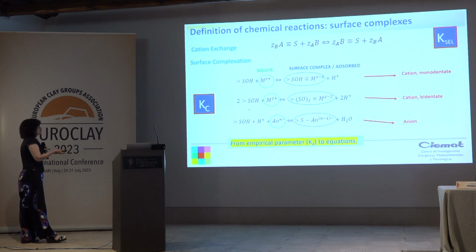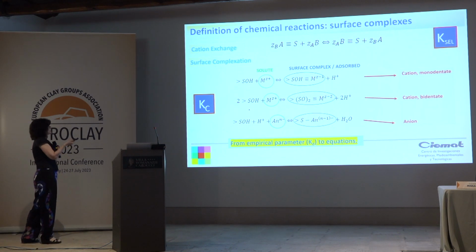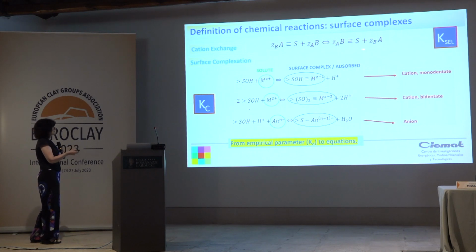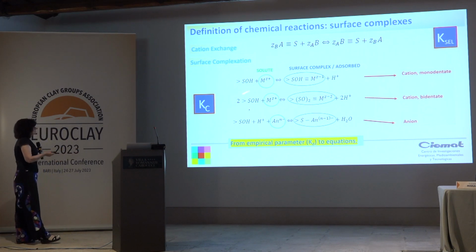So we can define our chemical reaction. We have the well-known cation exchange reaction, in which we can determine the selectivity coefficient, and then we can also make hypotheses about the possible surface complexes which are adsorbed.